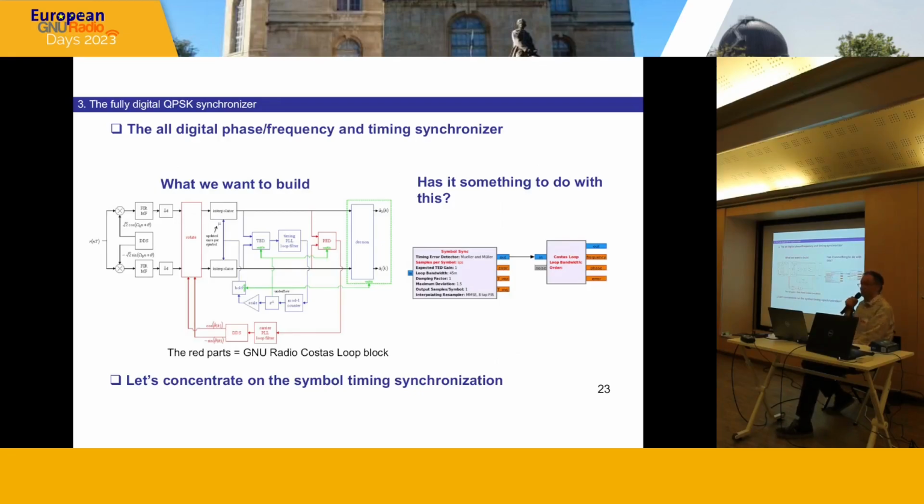That is the symbol sync block and the Costas loop that is just afterwards. Well, in fact, yes, but the problem is that if you want to understand the way it works, you have to understand some of the important blocks that are inside the code of GNU Radio. To be honest, it works pretty fine.